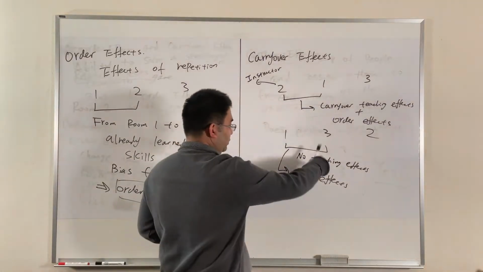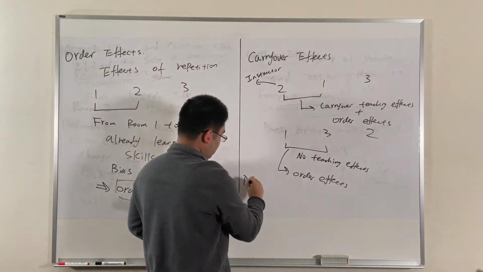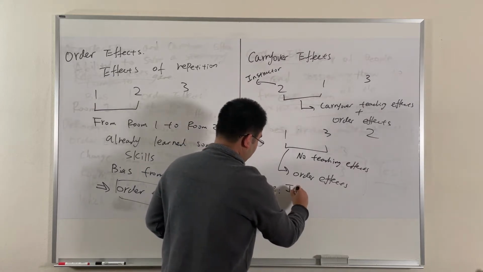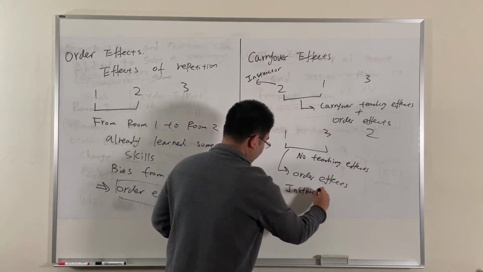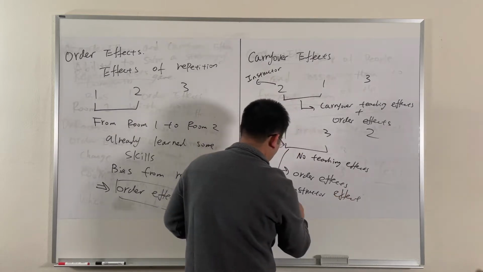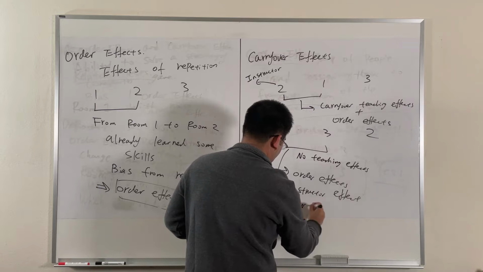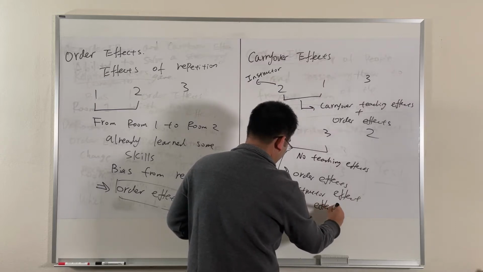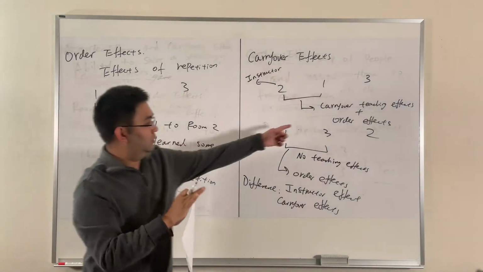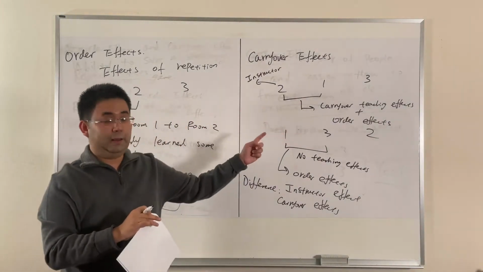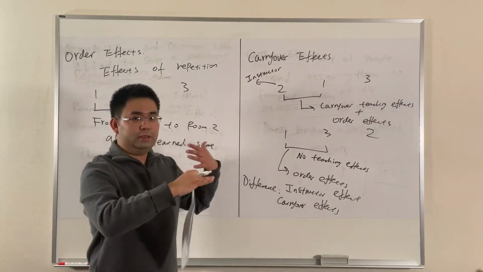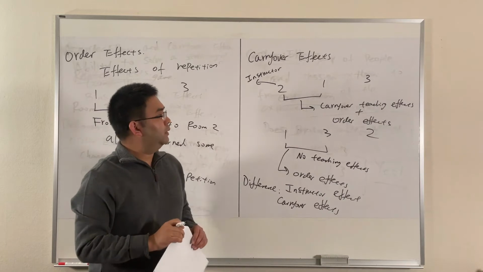So the difference between these two is the instructor effect, or the carryover effects. The order effects are from repeating the game. The carryover effects are from whether there's an instructor in the room or not. Very good.